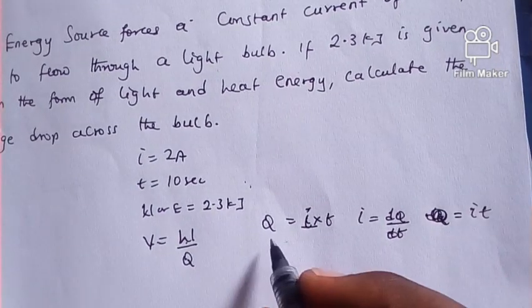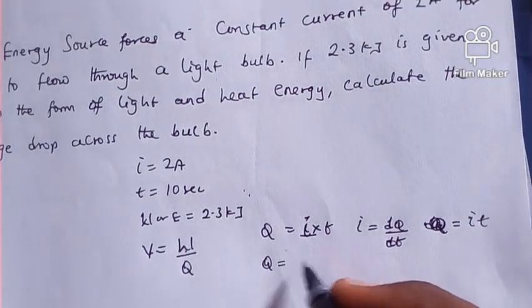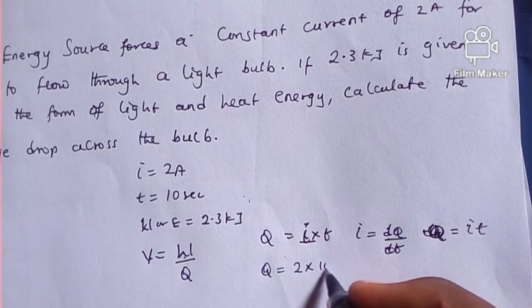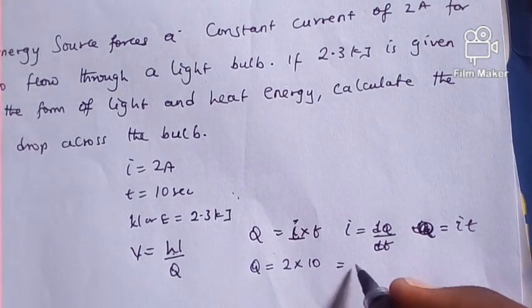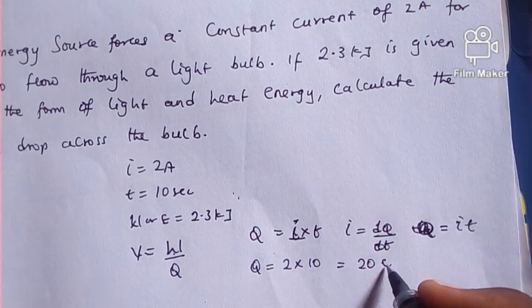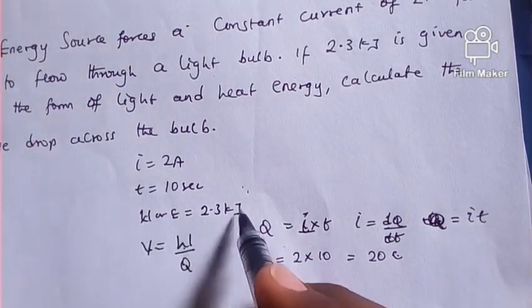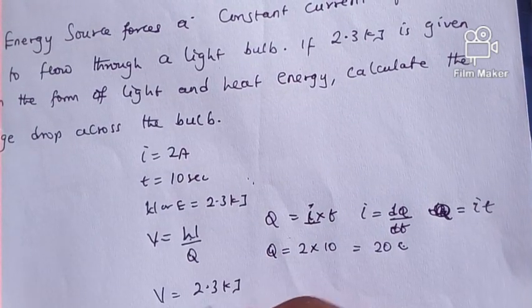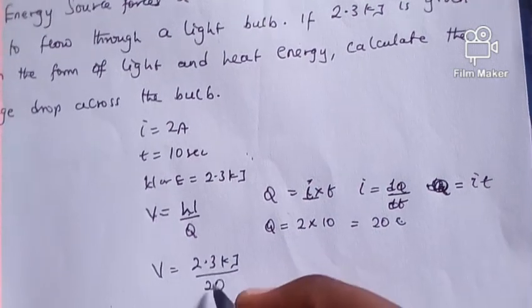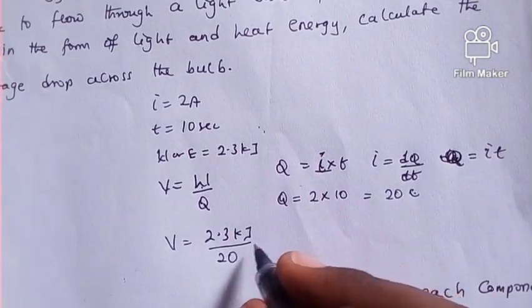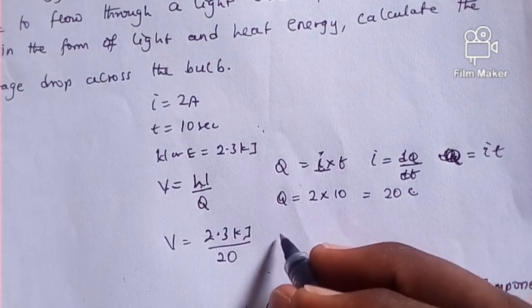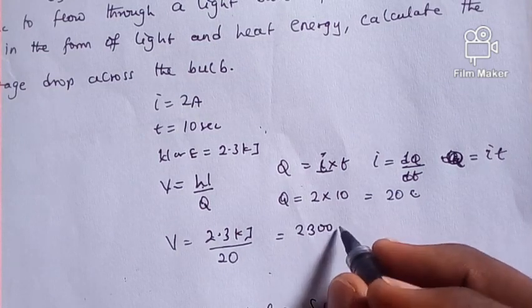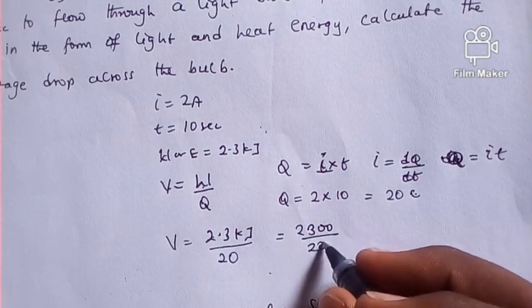So when I implement that, my quantity of charge is the current given here, 2 ampere, times time, 10 seconds, and that will be equal to 20 coulomb. So when I put this here and put work here, I will have that the potential difference is going to be 2.3 kilojoule over 20 coulomb. 2.3 kilo is simply 2,300, so I will have 2,300 joules over 20 coulombs.